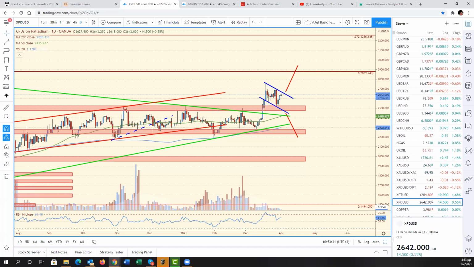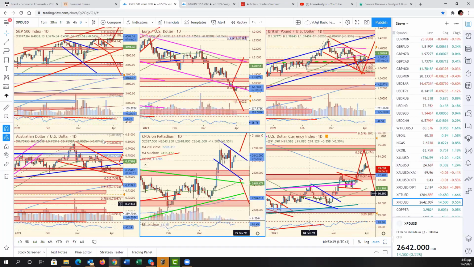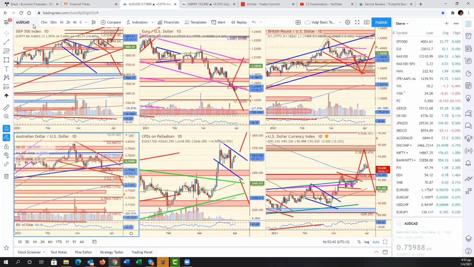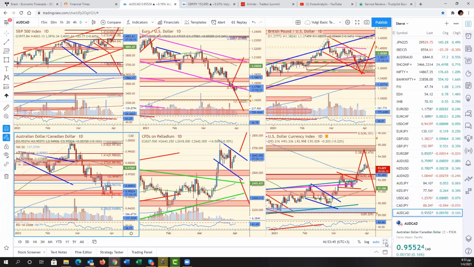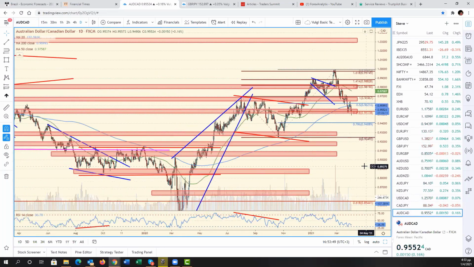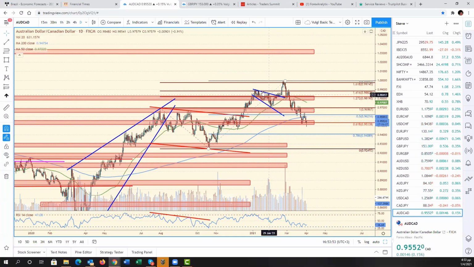Okay. Any more questions, guys, girls? AussieCAD, sure. Yeah, we haven't had a look at AussieCAD and KiwiCAD for several days. So here's AussieCAD finding support once again at the 61.8. Here it is. We got one more move higher as expected.